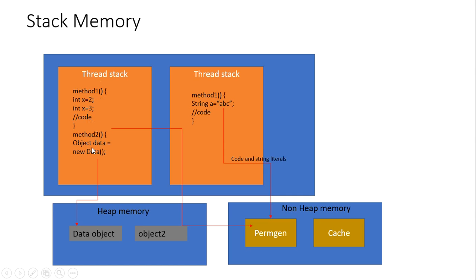The object reference will point to the actual object present in the heap memory. And if your method has a for loop, which the JIT compiler can compile into native code, that native code is stored in the cache memory. This is how your stack memory, heap memory, and non-heap memory are interlinked with each other.